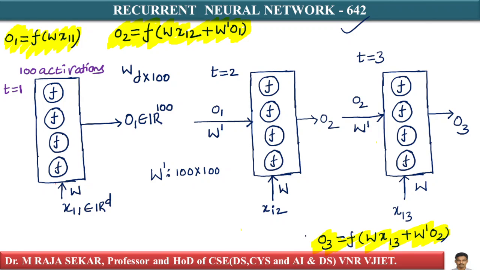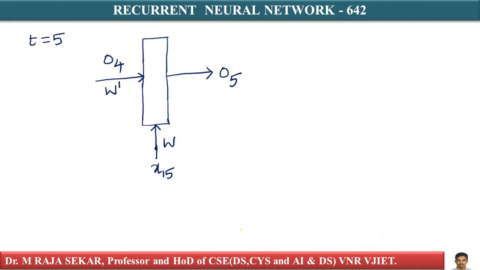Just see. We discussed O3 equal to f of w x13 plus w dash O2, isn't it? This keeps happening till we reach t equal to 5, as we have 5 words. Just try to recall, in our first review we have five words: x11, x12, x13, x14, x15.